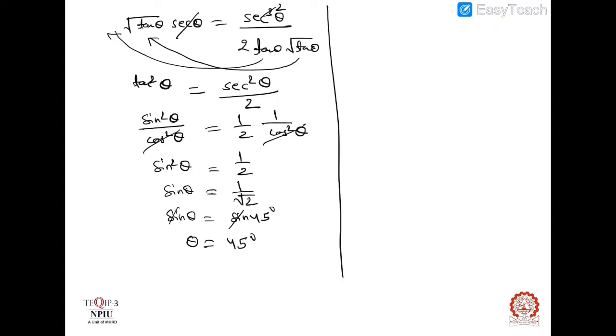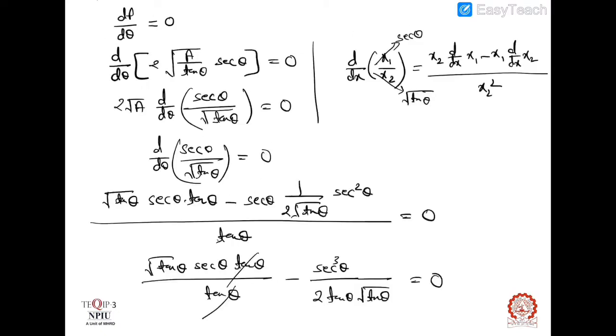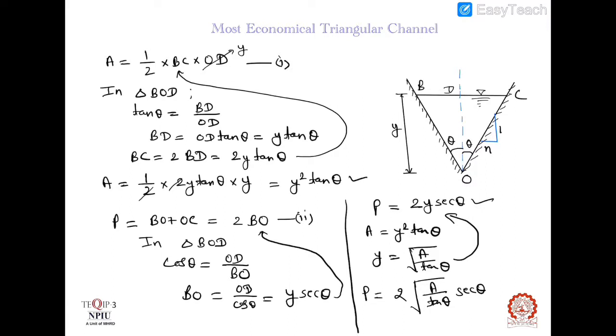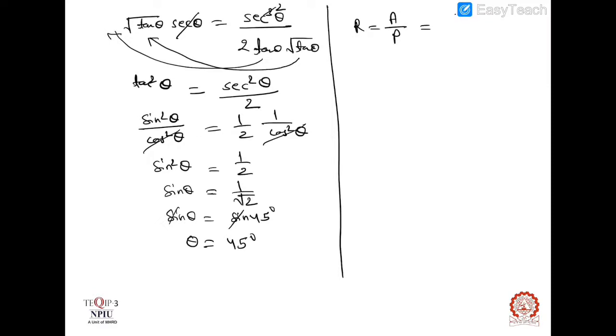If we talk about hydraulic mean depth or hydraulic radius, that is R is equal to A divided by P, and area is y square tan theta and perimeter is 2y sec theta. And we know for the most economical triangular channel, theta is 45 degree.